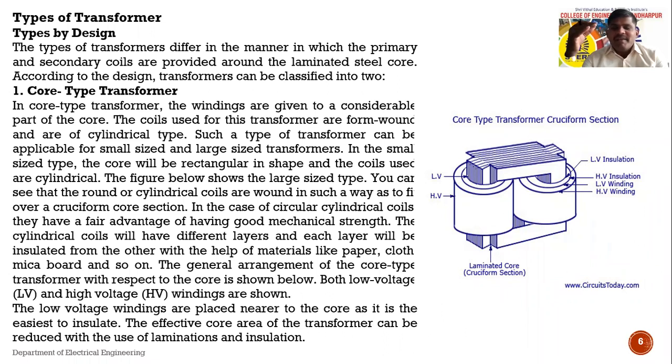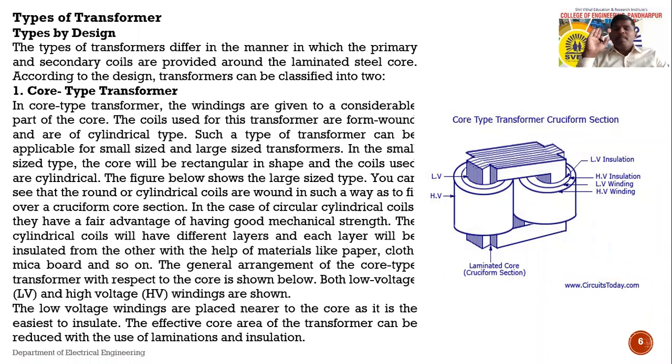The winding is insulated from the core, and from each and every turn by a coating. Or we are using mica, paper, or cloth type insulation. But generally in the case of our distribution transformer, that is the DP in the agriculture field, we use mineral oil as insulation between the primary winding and secondary winding.